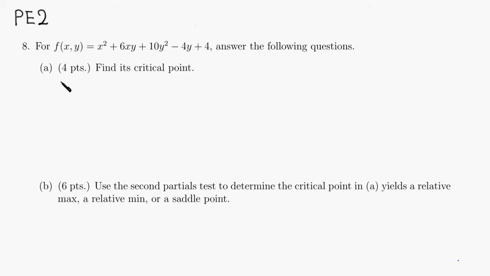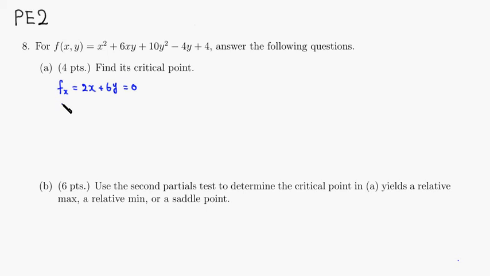We take the partial derivative of f with respect to x, which is going to be 2x plus 6y. The partials of the other terms are 0 because they are constants. So we set this equal to 0.